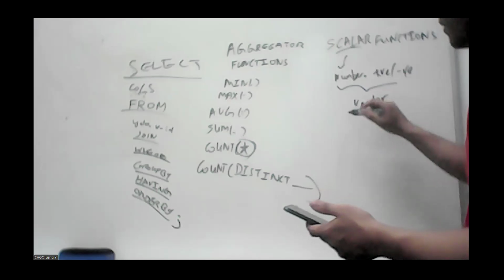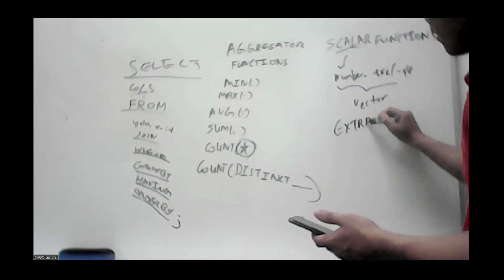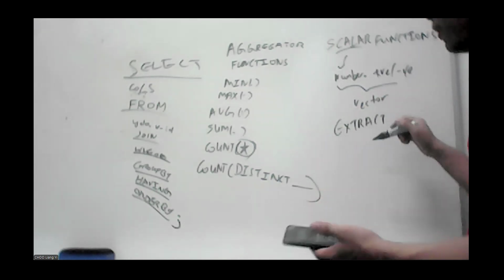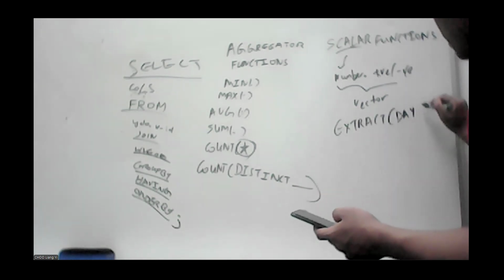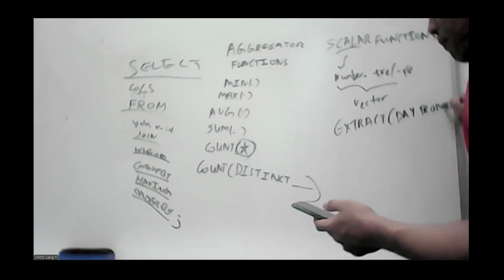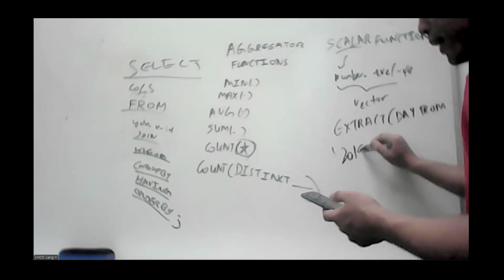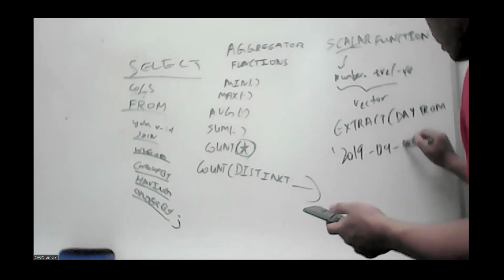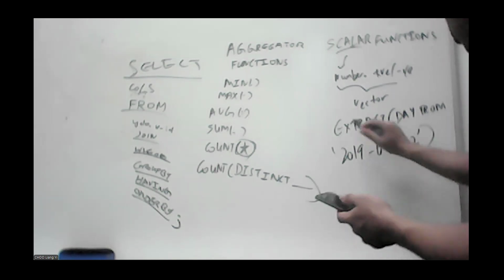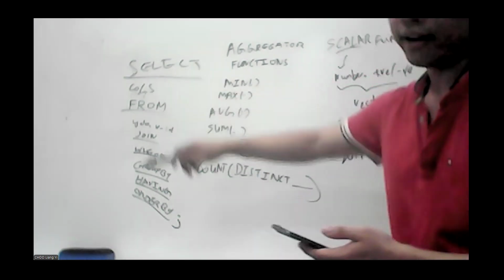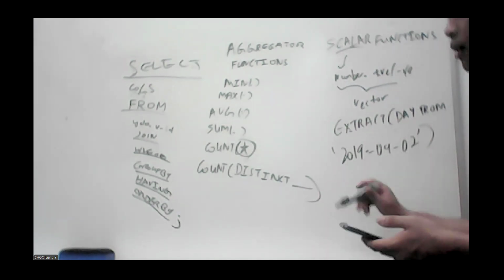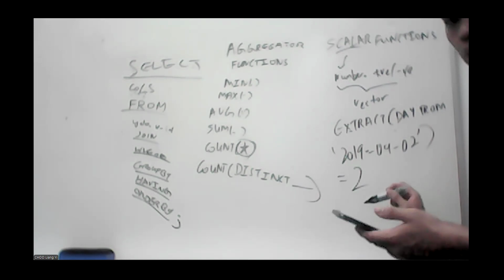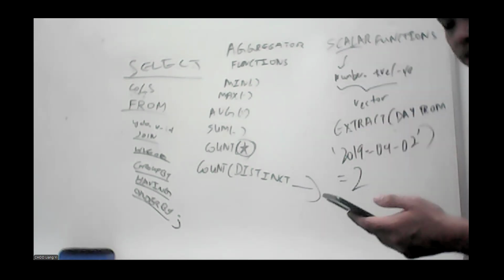So this one can be extract the date. For example, you want to extract the day from 2019-09-02. You put this into select, and you will only select those with a day of 2. It is a scalar function.